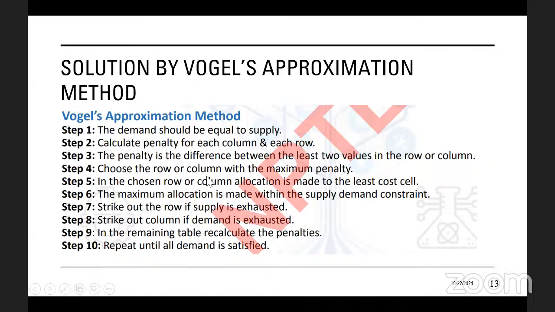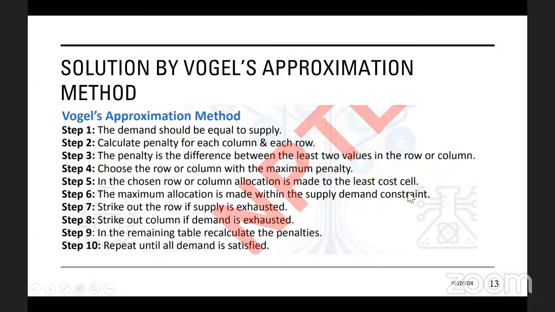Then we are choosing the row or the column with the maximum penalty, and in that row or column, we are making the allocation in the cell where there is the least cost. Then all the rules apply the same, that the allocation would be made according to the demand and the supply constraint, and it would be done until all the demand and supply has been satisfied.